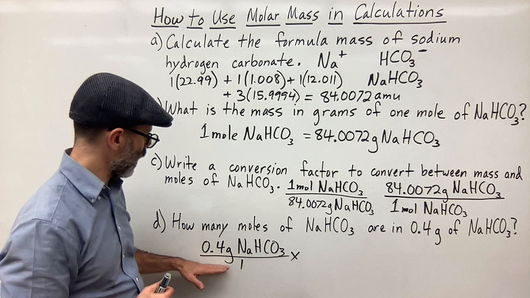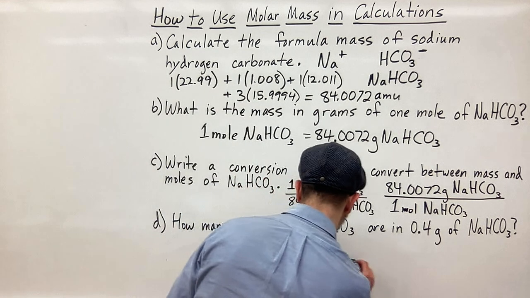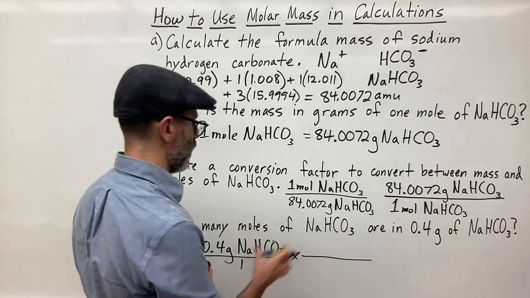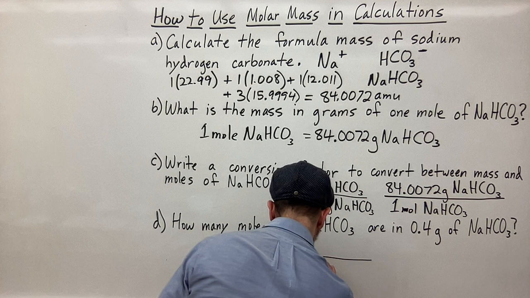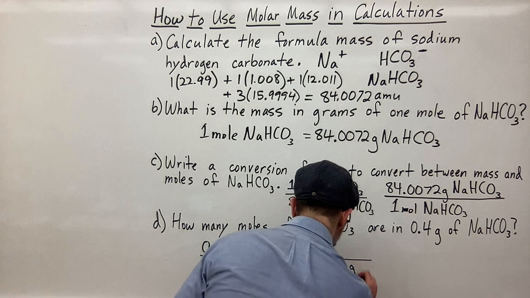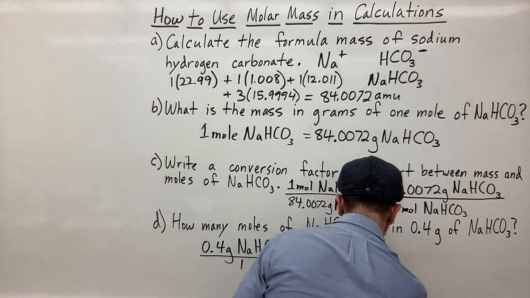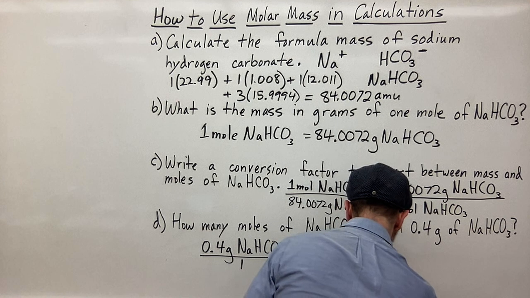So here I have grams on top. I want grams on the bottom of my conversion factor. So here I have grams on the bottom, so I'm going to put 84.0072 grams of the sodium hydrogen carbonate.